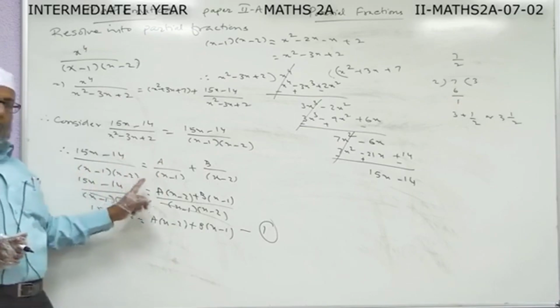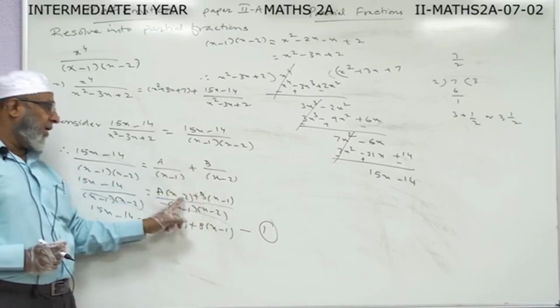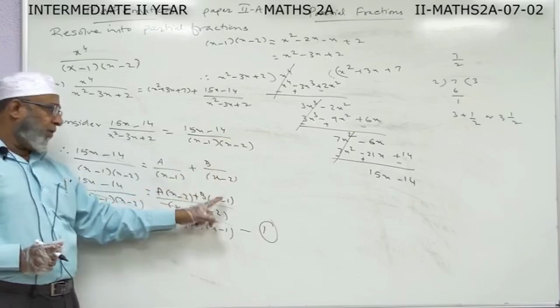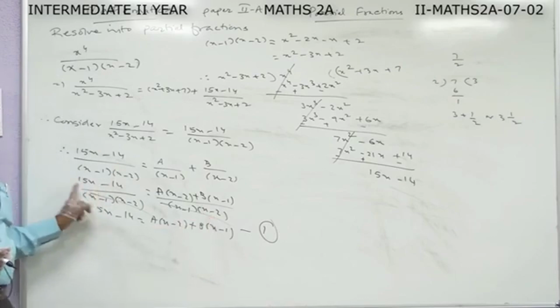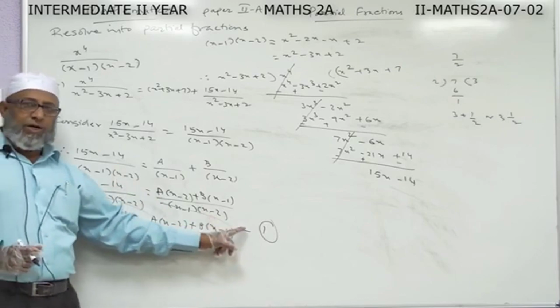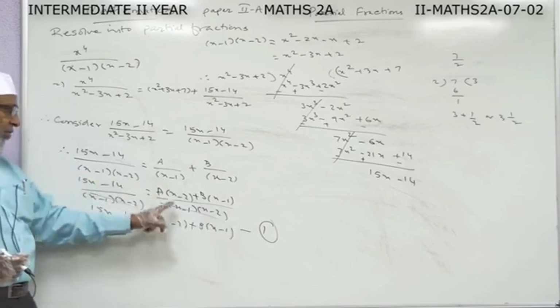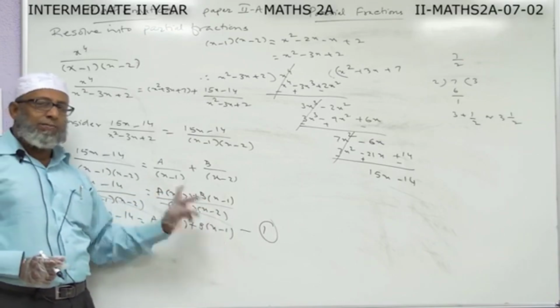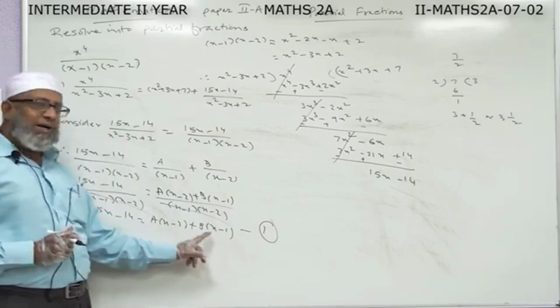Therefore, the substitution: a by x minus 1 plus b by x minus 2. On taking LCM, this becomes a into x minus 2 plus b into x minus 1 divided by x minus 1 and x minus 2. The denominator remains as it is. Again, cancelling the denominator from both sides, what I am getting is 15x minus 14 is equal to a into x minus 2 plus b into x minus 1. Again, my purpose is to get the values of a and b.